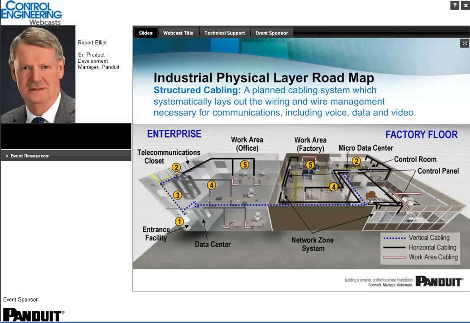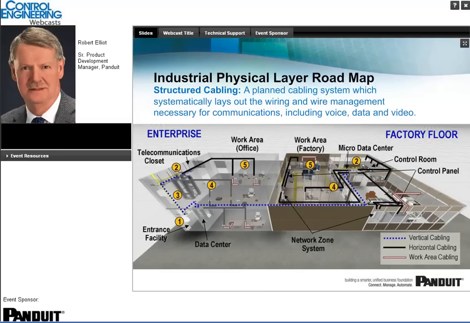Cabling would typically enter the building at what is called the entrance facility, identified as number 1 at the bottom left-hand side. From that, you'd expect to see backbone connections to the data center, as identified. In this diagram, we also have another riser cable going vertically to the telecommunications closet at number 2.